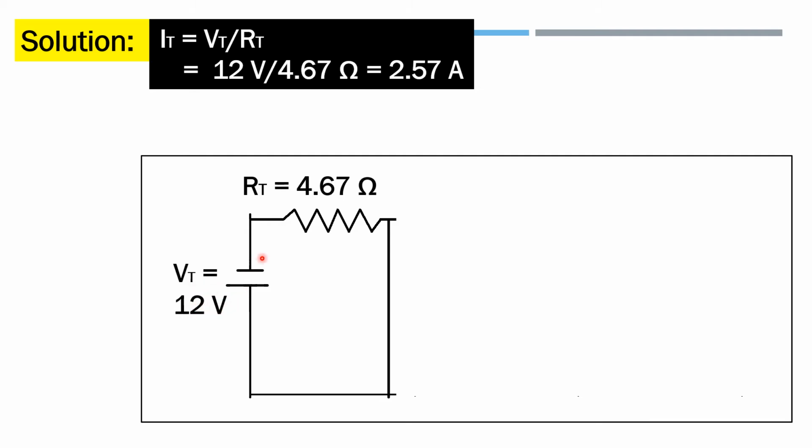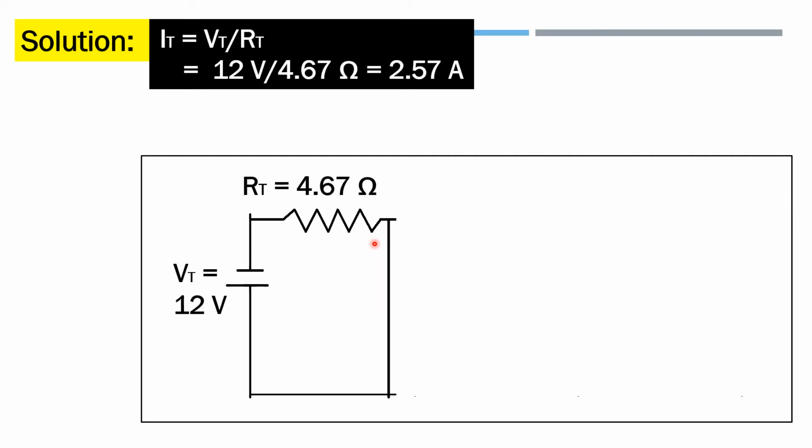So we can imagine the current, using the conventional flow of current, from the positive terminal of the battery moving like this in a counterclockwise direction.